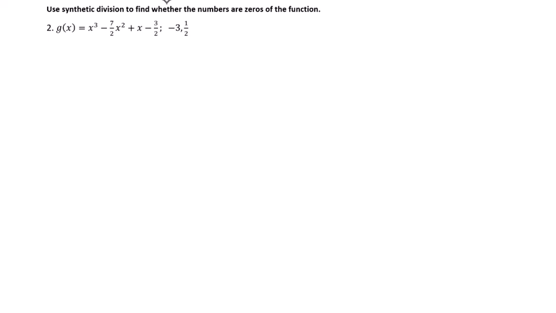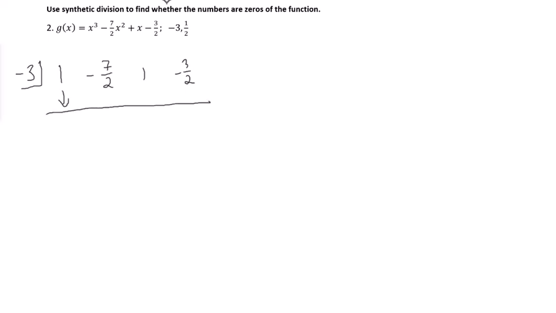All right, so we're going to test to see if -3 and 1/2 are a 0 to this function. X to the third, x squared, x, constant, so no variable is skipped. We don't have to worry about including extra zeros. So I'm going to put a -3 here. 1, -7 halves, 1, and -3 halves.